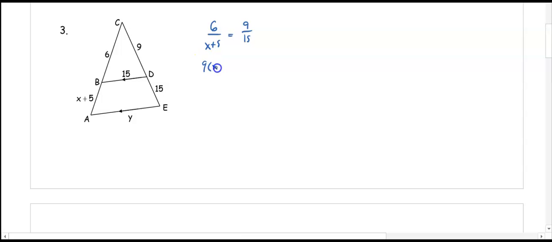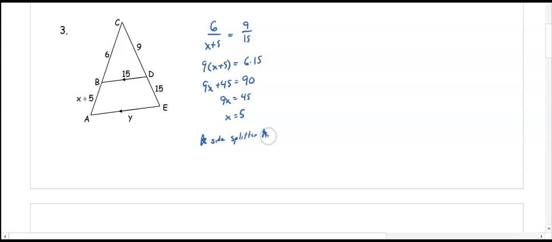As we cross multiply, 9 times x plus 5 equals 6 times 15. 9x plus 45 is equal to 90. We can subtract 45 from both sides, so 9x equals 45. When we divide, x is 5. So in this case, it's okay to use side splitter for x.